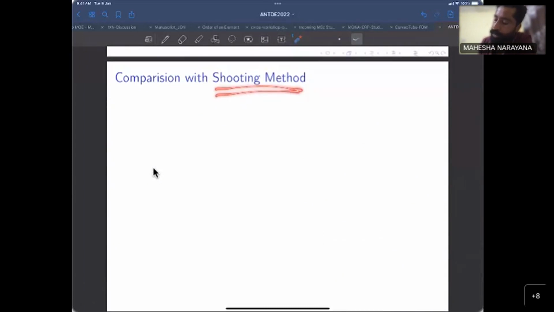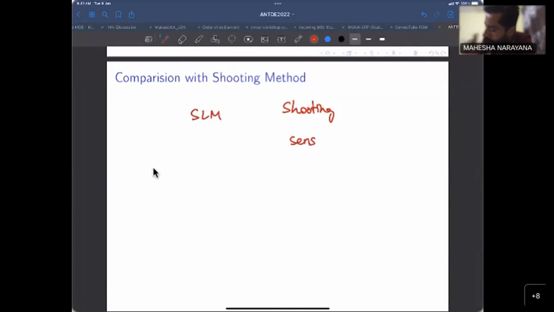Many of you who are working on shooting will see that the shooting method is very sensitive to the initial solution, right? In contrast, SLM is not so sensitive.